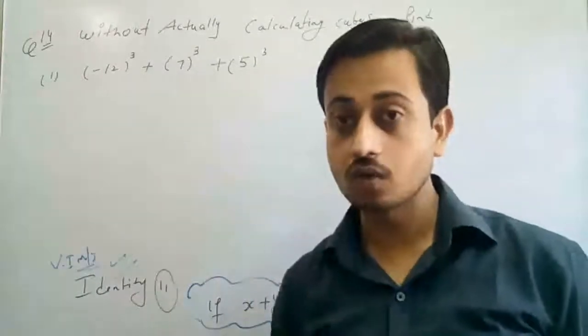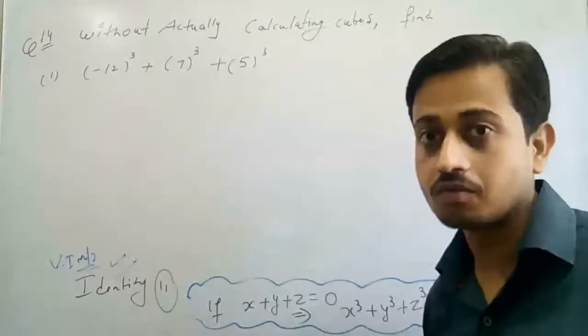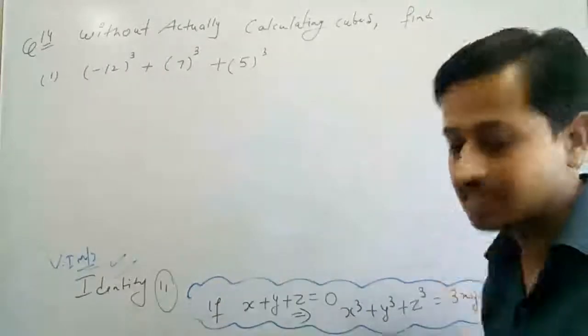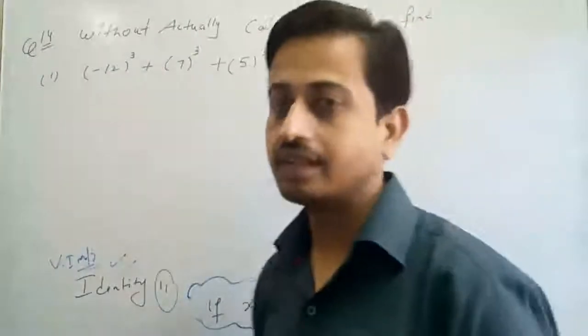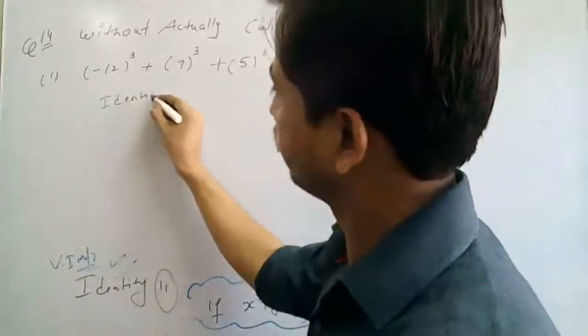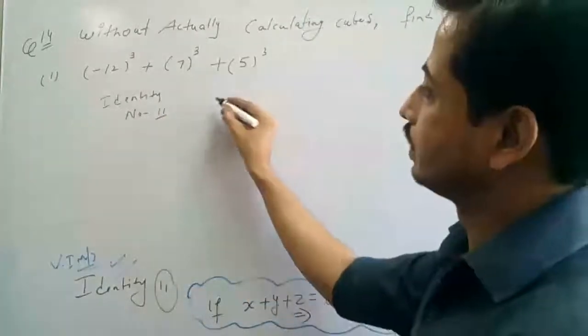How do we solve it? Please look at the identity number 11. I did not rub it out. Why? Because we have to use this identity. What's the identity? I am again repeating identity number 11.